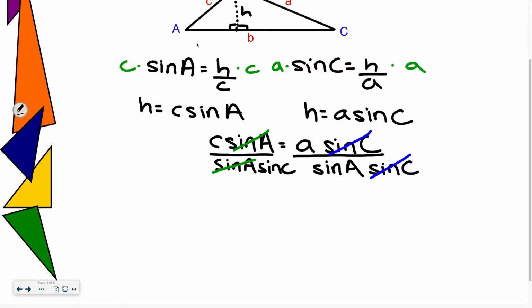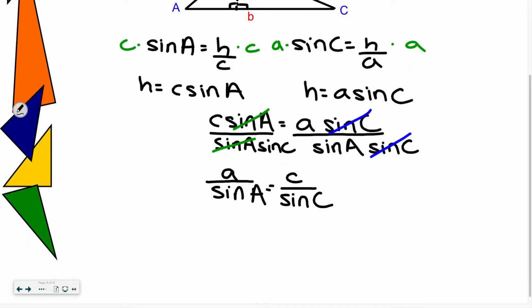Okay, I'm going to use my symmetric property and flip these left and right. A over sine A equals C over sine C. What that says is, if you know angles and sides of triangles, the side length over the sine of its opposite angle has the same ratio no matter which angle and side length you're looking at on the triangle.